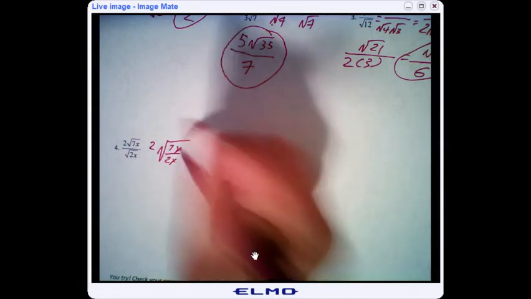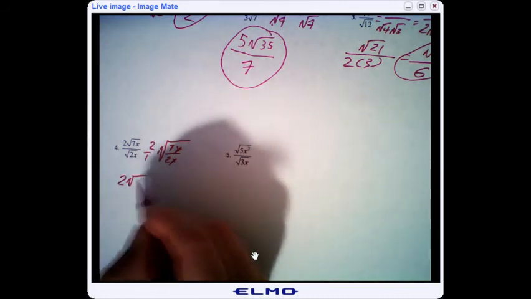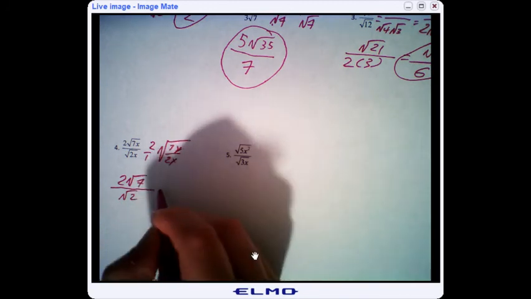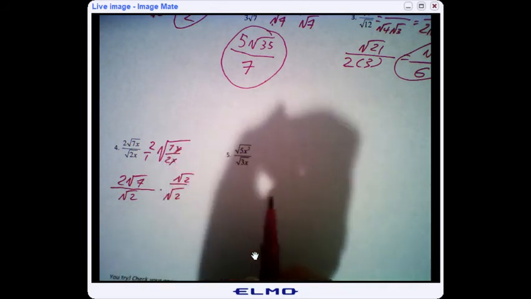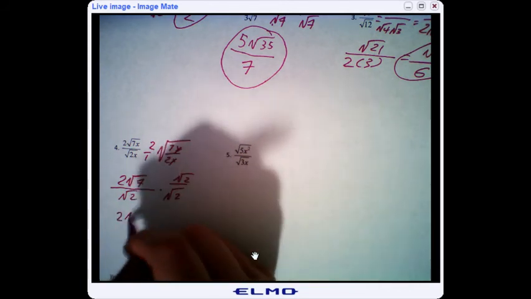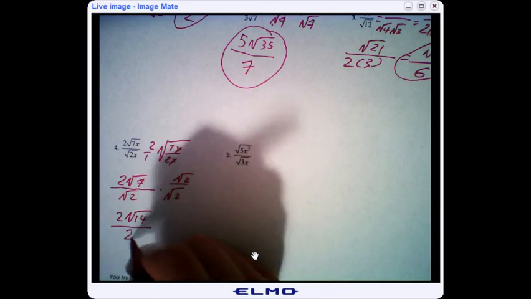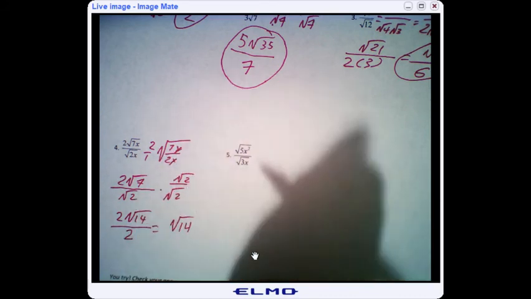So those would go away, and we would just have 2 square roots of 7 over the square root of 2. Multiply top and bottom by square root of 2. So we're going to get 2 square roots of 14 divided by 2, which leaves us with the square root of 14 as a final answer.